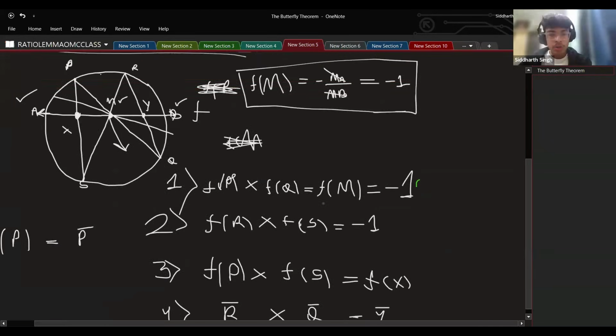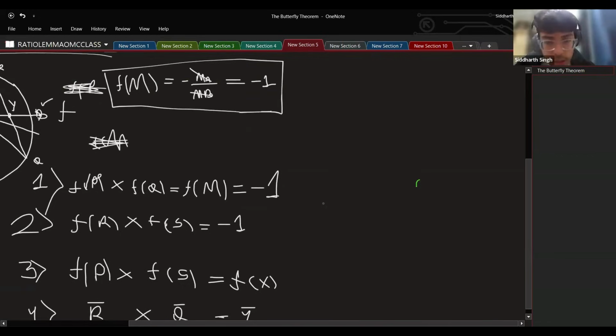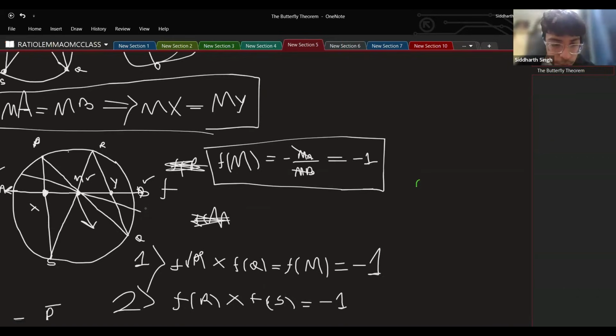Now, what do we even want to show? This is one of the main ideas of Olympiad geometry. You want to reverse engineer things. This, in other terms, is also called forward backwards thinking. So we want mx is equal to my. What should be the relation of x and y in terms of the ratio function?